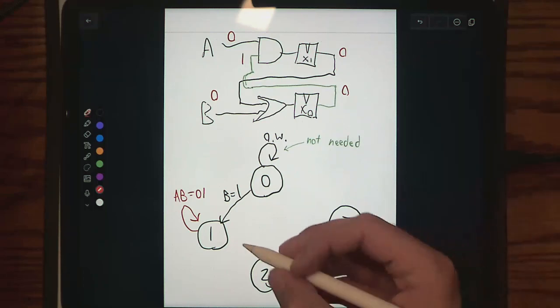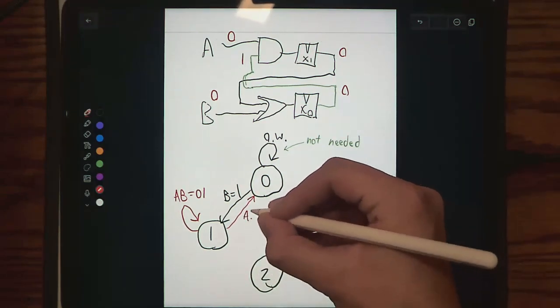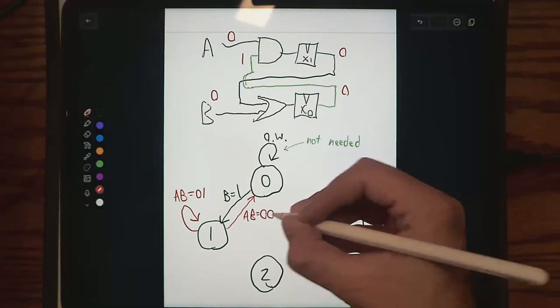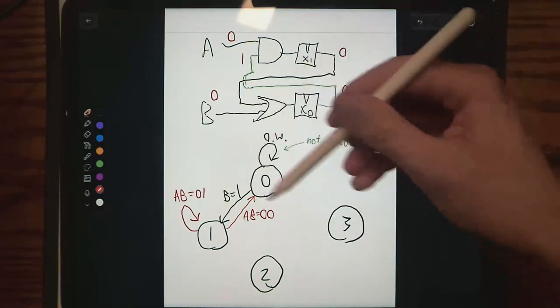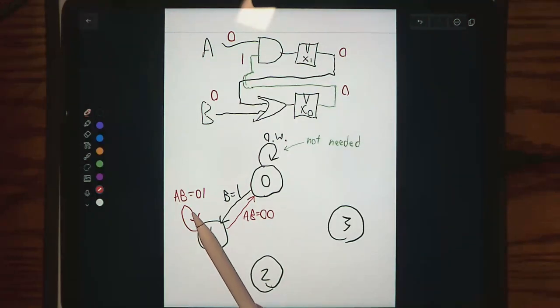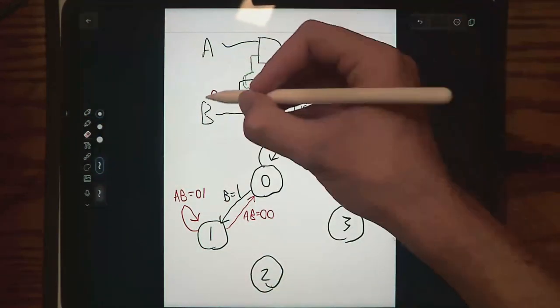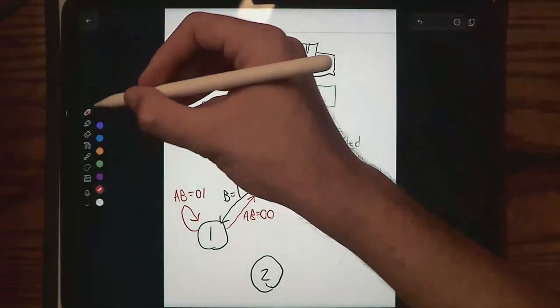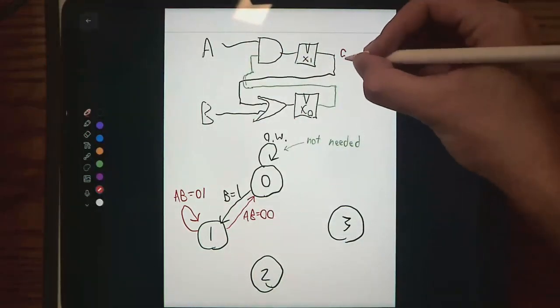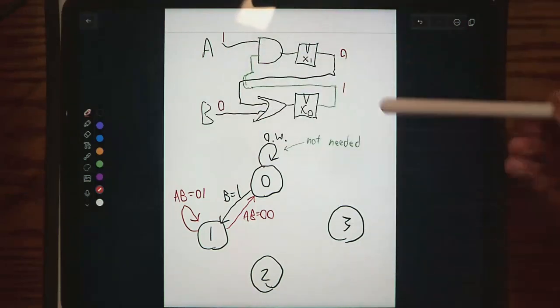Yeah, I think we go back to 0. So if AB equals 0, 0. And then we have 2 more possible inputs to worry about. So what happens if AB is 1, 0 now? If we are currently storing 0, 1 and we receive 1, 0, then what will the new state be?